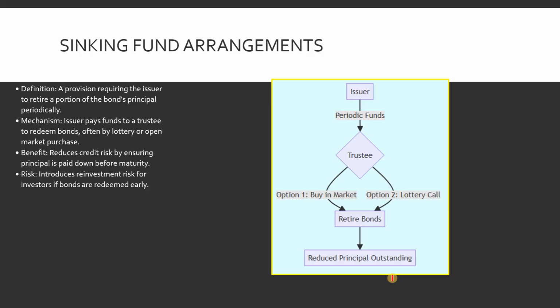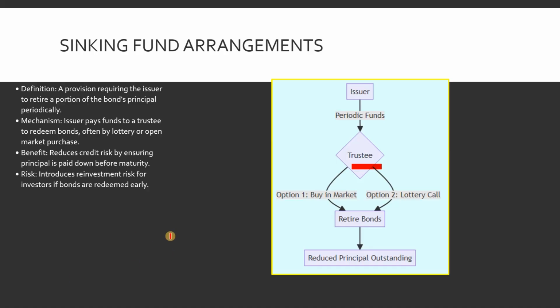While this reduces the risk of default at maturity, and reduces the maturity for the remaining bondholders, it creates a disadvantage for those whose bonds are called early. These investors face reinvestment risk. We learned this concept as well, meaning they may have to reinvest their cash at a lower interest rate. Sinking funds organize the orderly retirement of debt but can force investors to cash out early.